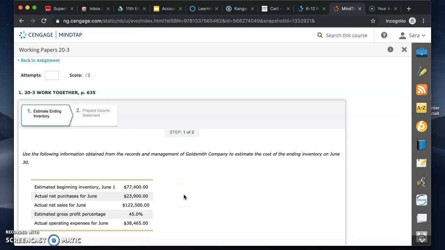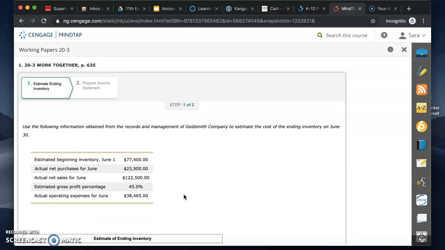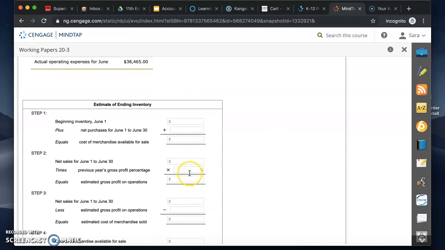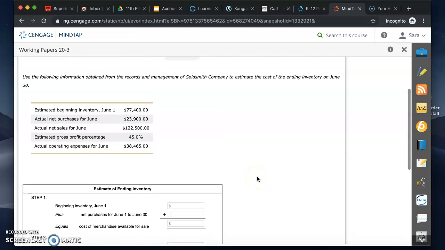Okay, so we have two parts to this problem. First, we're going to start out with figuring out our ending inventory. They give us some information below, and then we will just plug in some numbers. So we need our beginning inventory as of June 1st, that is 77,400.